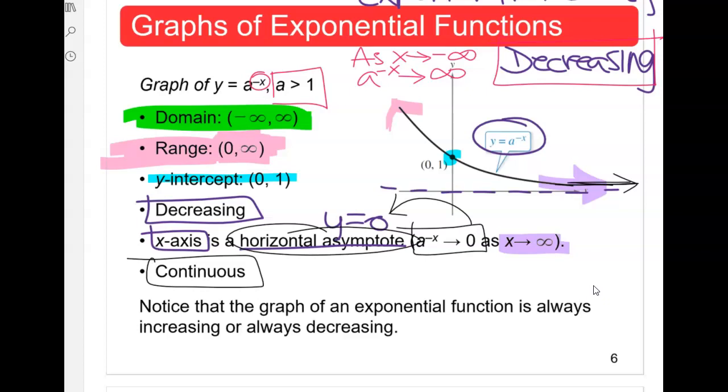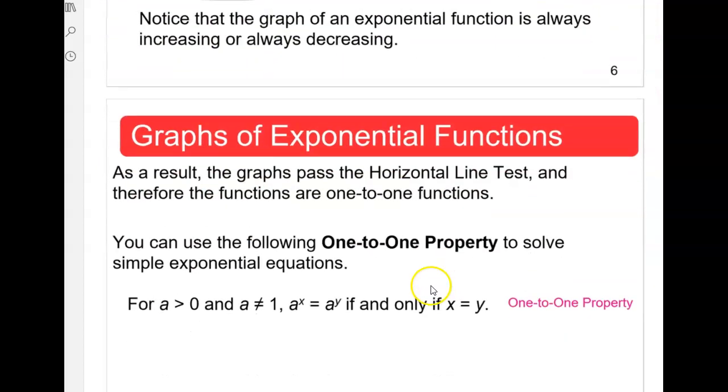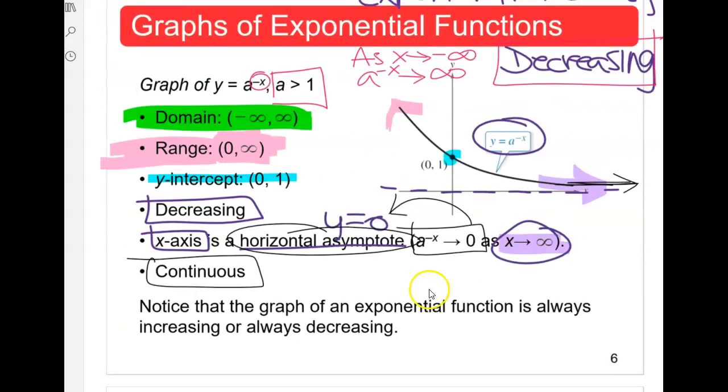But that is not determining the horizontal asymptote. That will be determined from what's happening on this side of the graph as the x gets larger, because it is decreasing in this case.